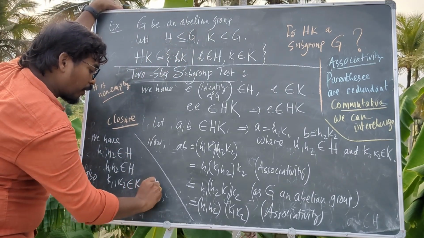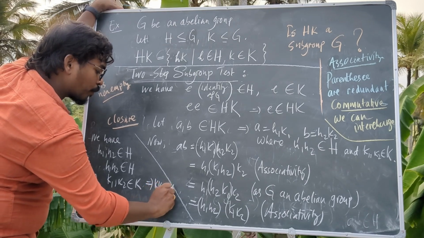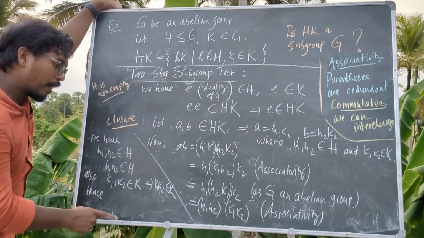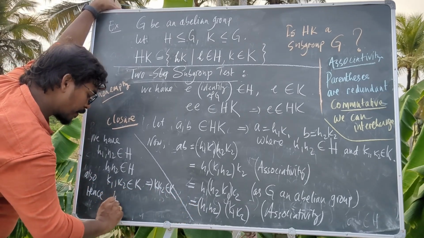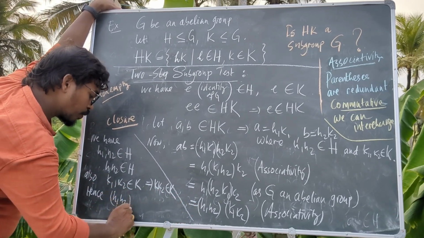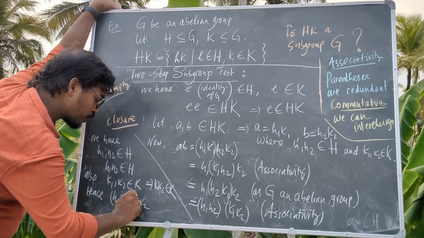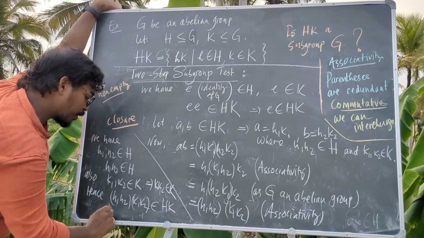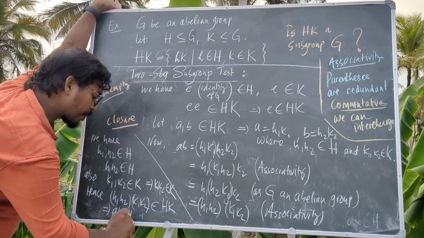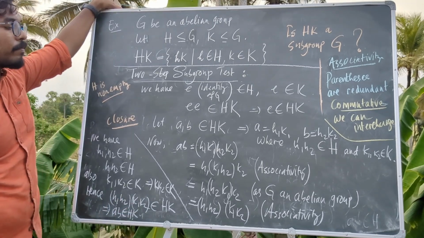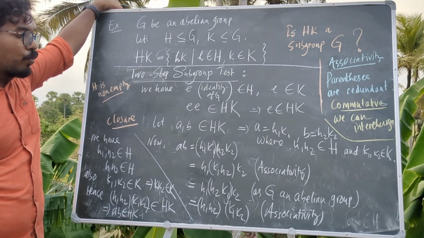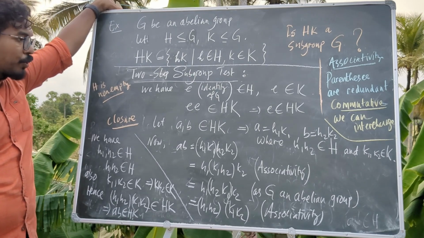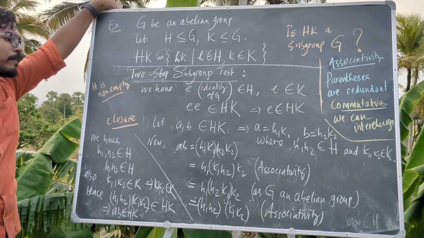That implies K1 K2 also belongs to the subgroup K, and we have this element H1 H2 and K1 K2 belongs to HK, which is nothing but AB. So we have proved the closure property. Pause the video to note.